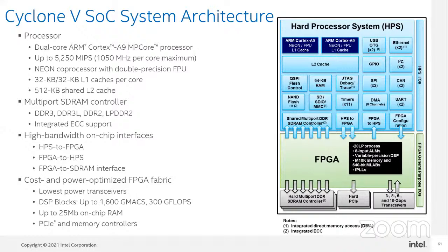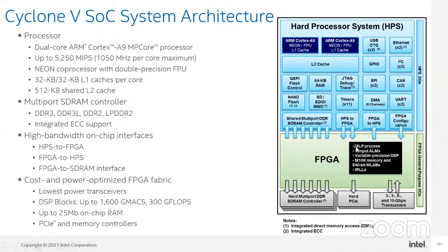That's the only difference, okay, M10K. And the maximum up to 640-bit MLABs. So one memory logic array block can go up to 640 bits. That's what is given here. Right, and along with that, you also have the PLLs, the clocking resources. All these things are available on the FPGA side.